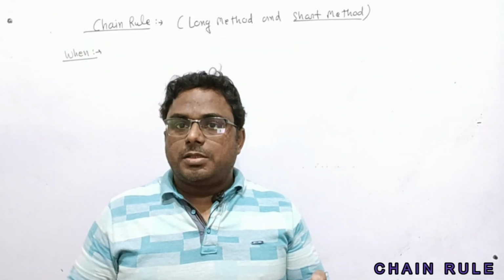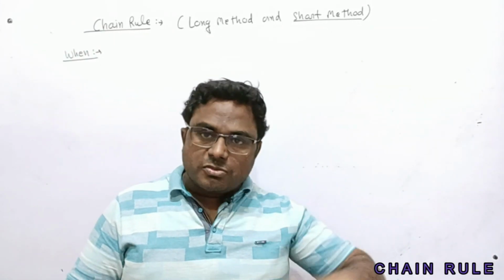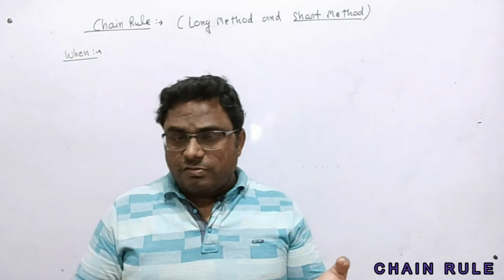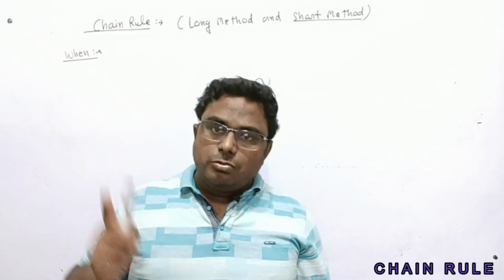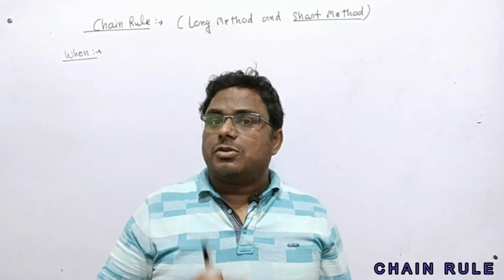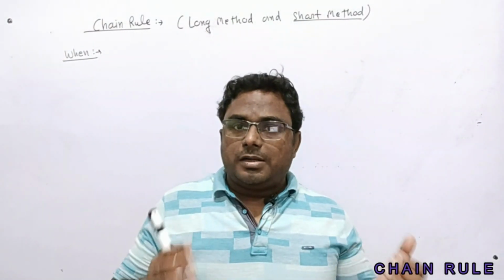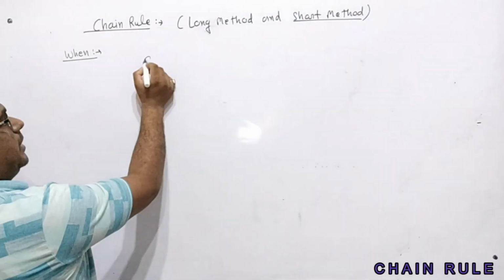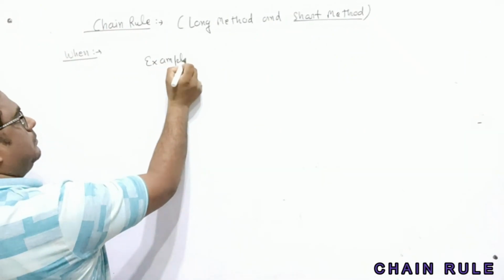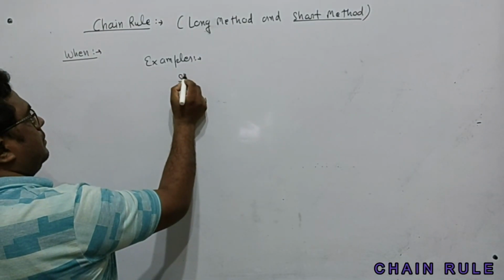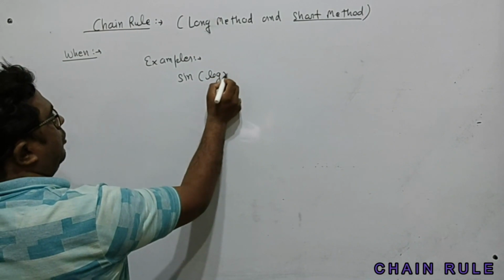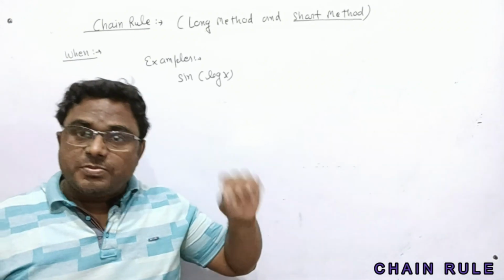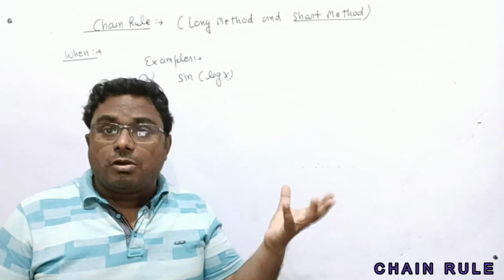You can note this down. When one function is given in terms of another function, then such a type of function is known as a composite function, and chain rule is used to do the derivatives of composite functions. Let us see how a composite function looks. Examples. sin(log x). In this, sine is the main function which has been expressed in terms of the log function.